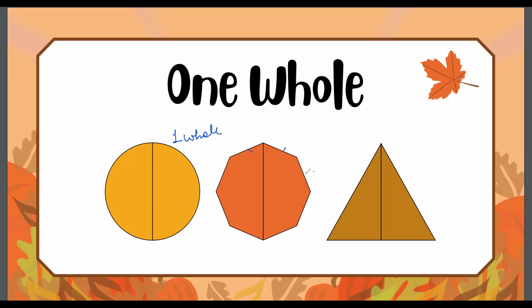This is 1, 2, 3, 4, 5, 6, 7, 8, so this is an octagon, which is one whole. This is a triangle, which is one whole. That means no part is eaten by anybody, or broken, or unshaded like this.